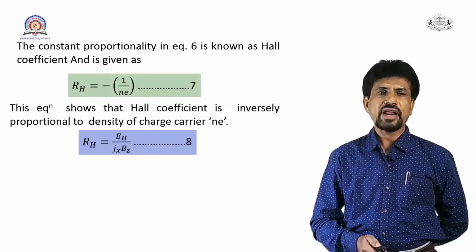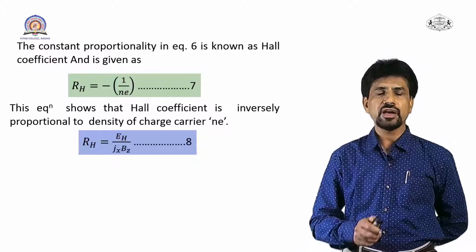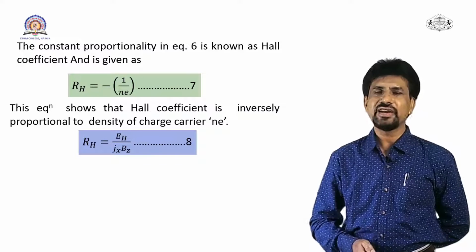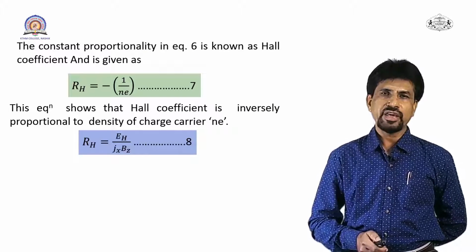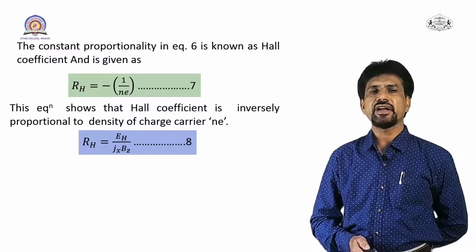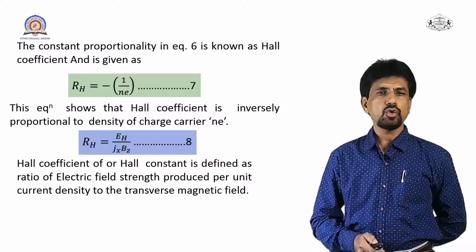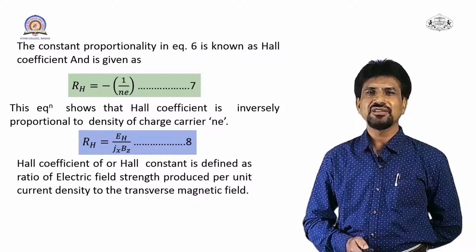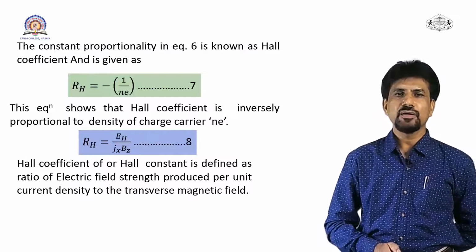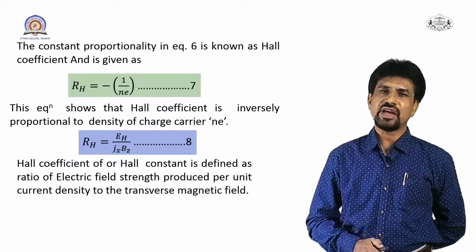Now we can write the Hall coefficient in terms of the magnetic field, the electric field and the current density from equation number 6, that is R_H is equal to E_H divided by Jx into Bz. Thus the Hall coefficient, or Hall constant, we can define as the ratio of the electric field strength produced per unit current density to the transverse magnetic field.